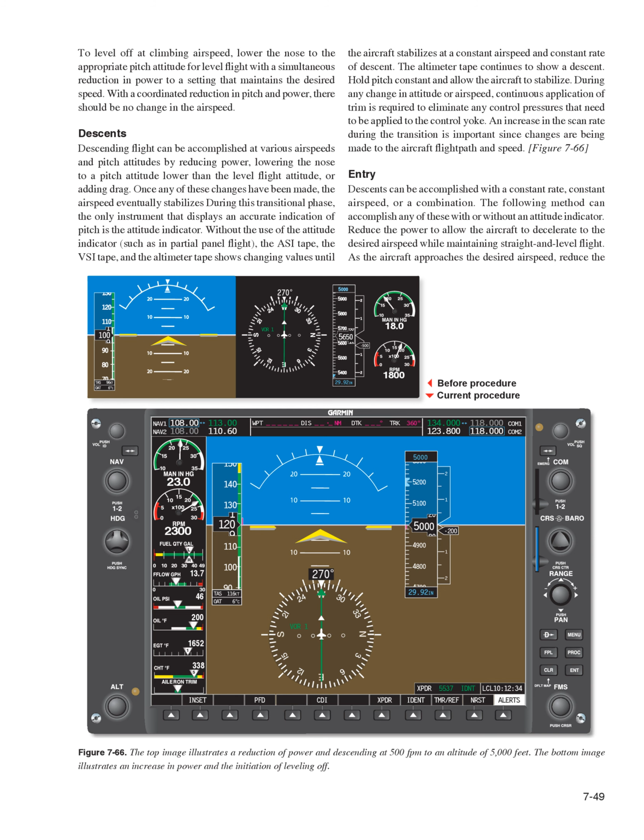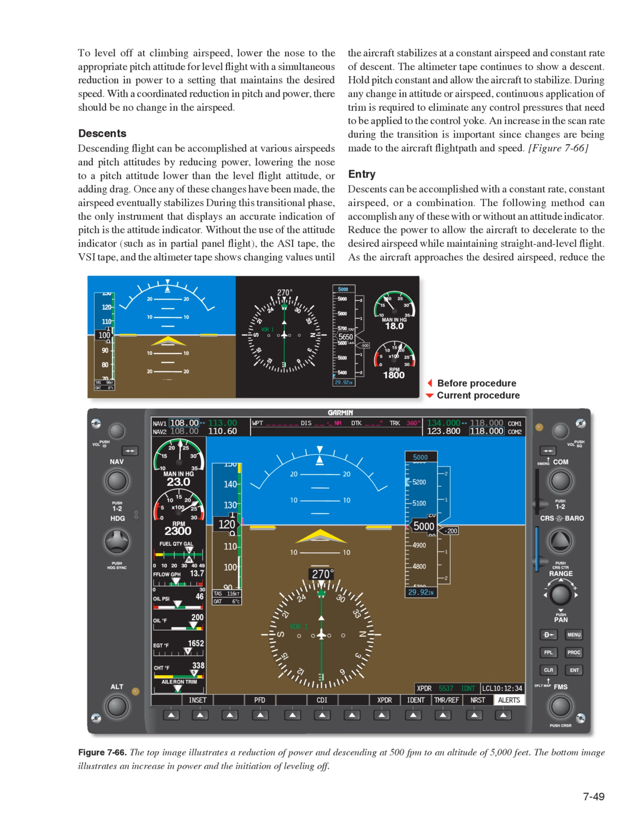The only instrument that displays an accurate indication of pitch is the attitude indicator. Without the use of the attitude indicator, such as in partial panel flight, the airspeed tape, the VSI tape, and the altimeter tape show changing values until the aircraft stabilizes at a constant airspeed and constant rate of descent. The altimeter tape continues to show a descent.